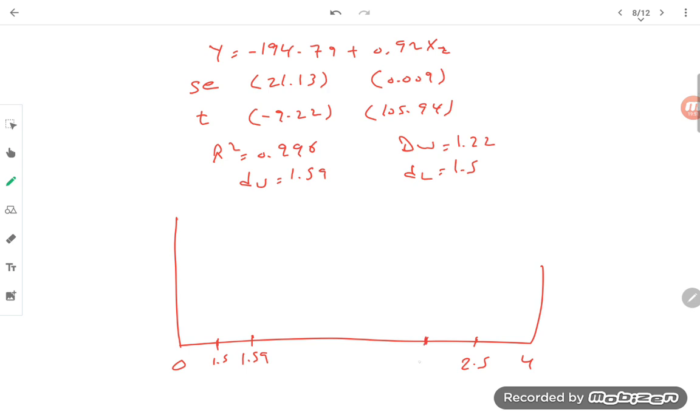And 4 minus the upper limit is 2.41. So Durbin-Watson is 1.22, which is here, which means that we are going to reject H node, and there is a positive autocorrelation.